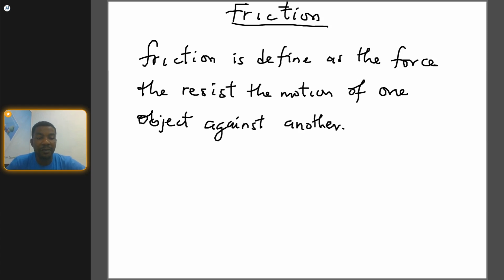Friction is defined as the force that resists the motion of one object against another.